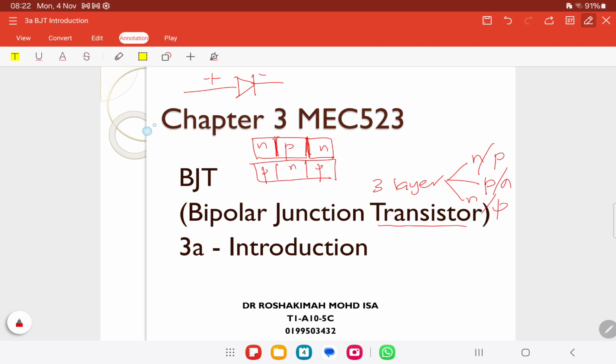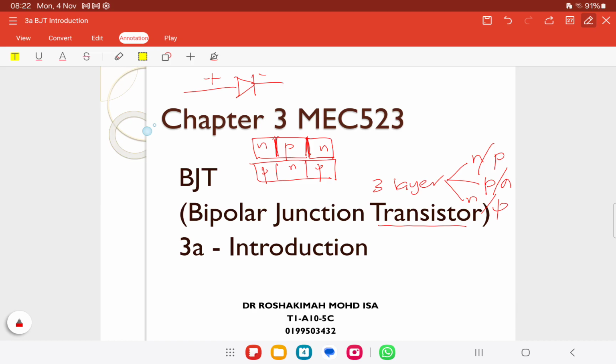Sama juga. Okay. And for the transistor, for diode, dia ada current flow. And diode normally we use as switching. Same goes for the transistor. Pun sometimes we can use as a switching. Rather than that, we can also use as amplifications. Kalau you pernah tengok amplifier, op-amp, okay, that one dia guna transistor.